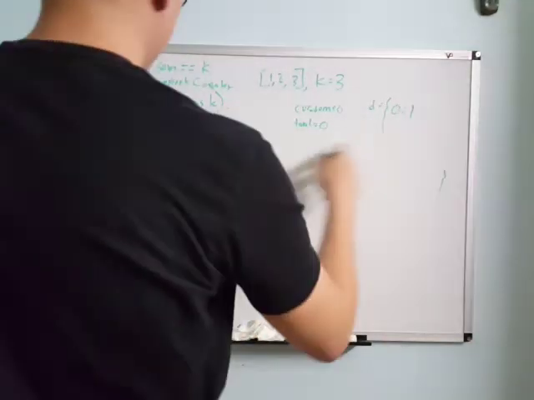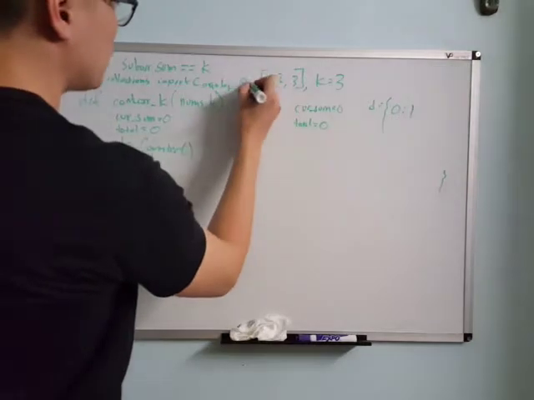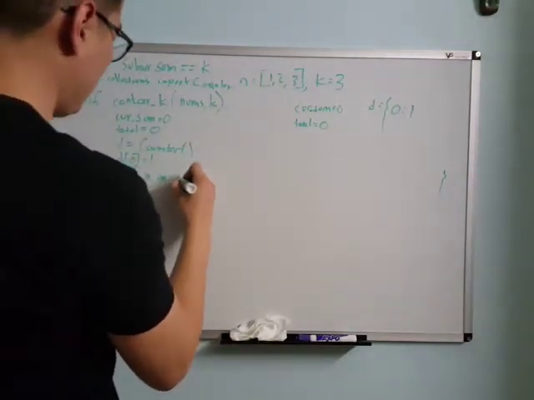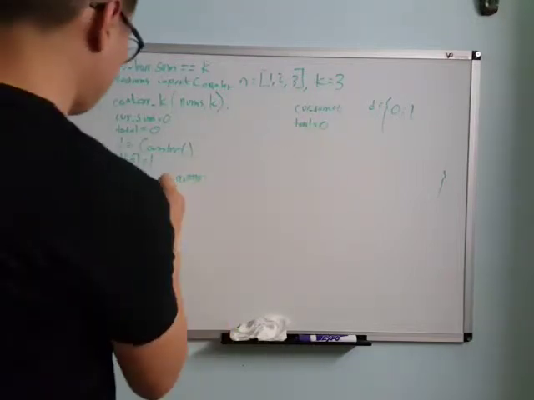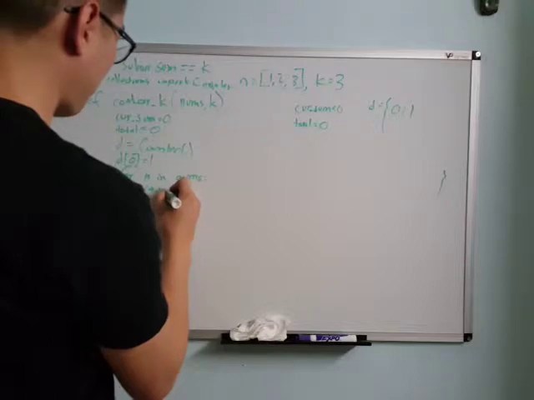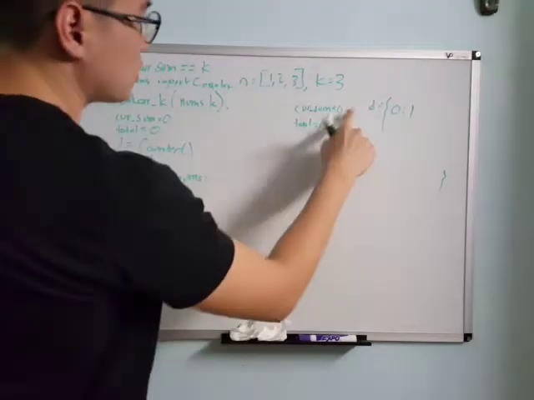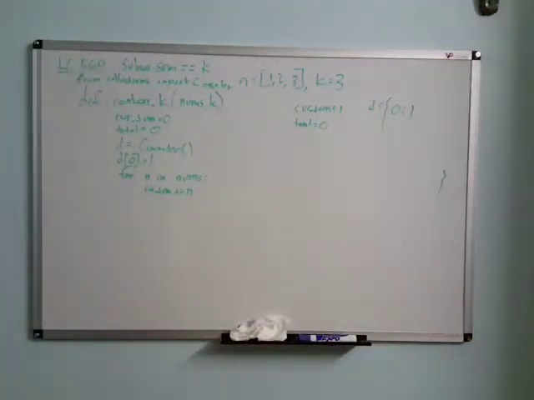Okay, so we have this and we have this, right? Now I said we're going to loop through our nums. So for n in nums, cursum plus equal n. So here we're saying cursum is now 1. And what do we want to do now?